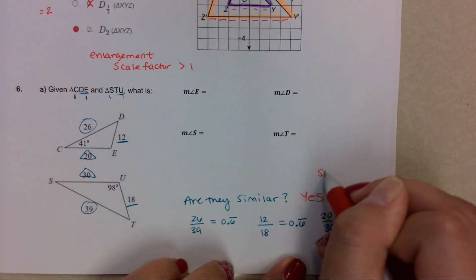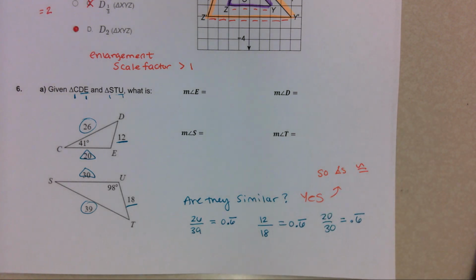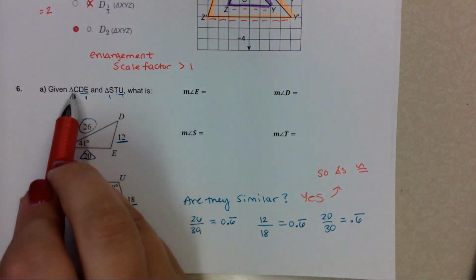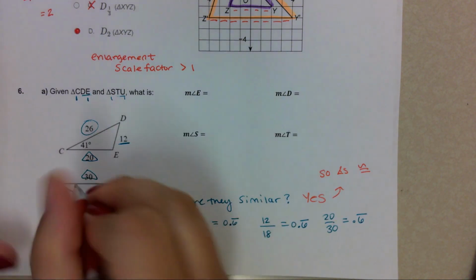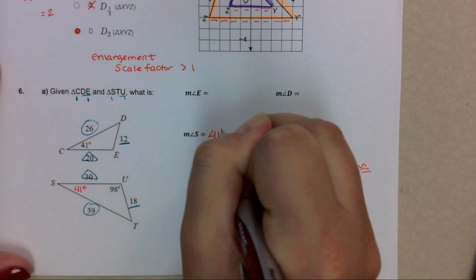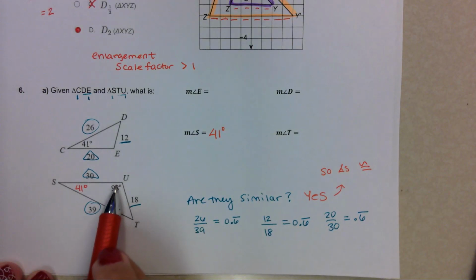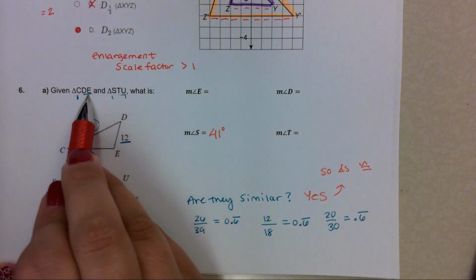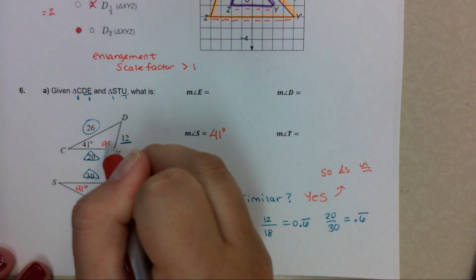So corresponding angles are congruent. So that would mean C corresponds to S. So since C is 41, S is also 41. And U corresponds to E. So since U is 98, E is 98.